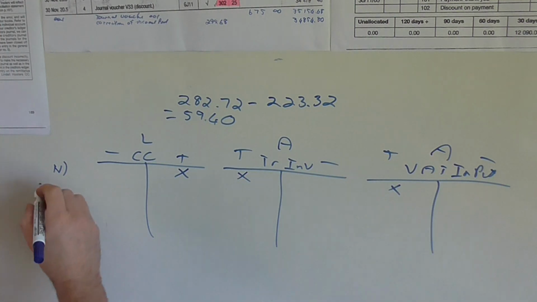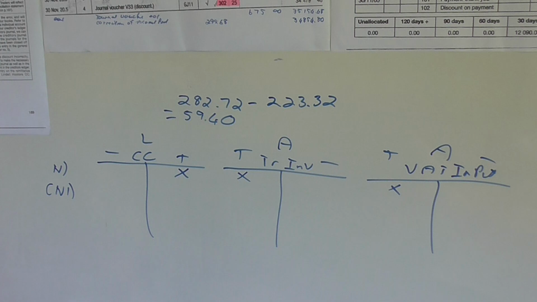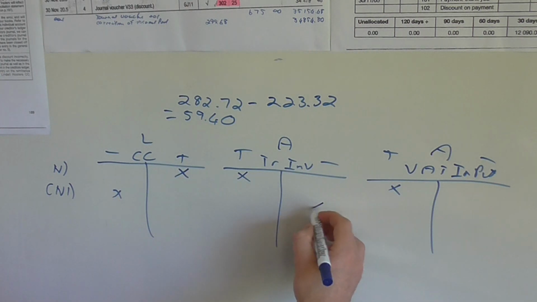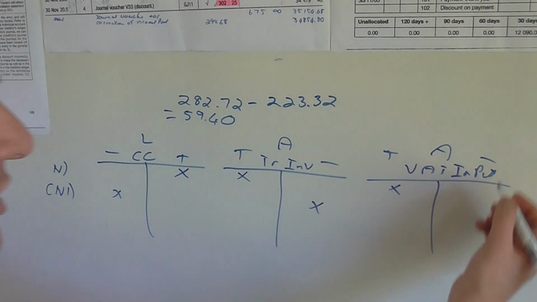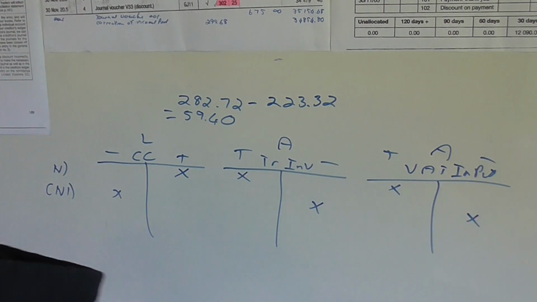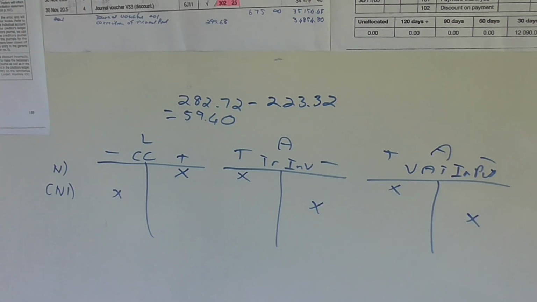Then we've got the credit note. When you get the credit note, you debit your creditors control, you credit your trading inventory, and you credit your VAT, so that would basically be VAT output.